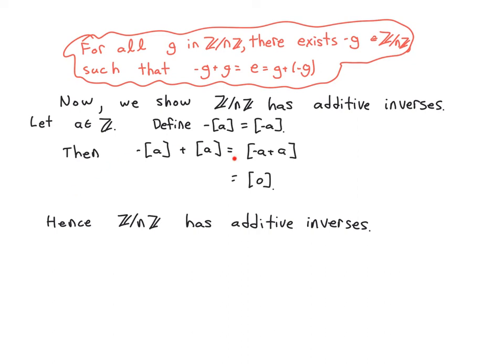So we see that our group has additive inverses. So I've been using the word group when I technically shouldn't have, but now we see that it actually is a group. It's associative, it has an identity, and it has inverses.